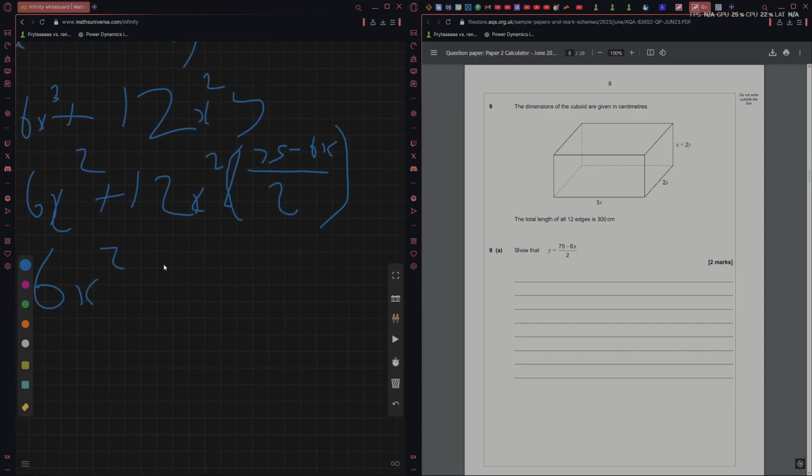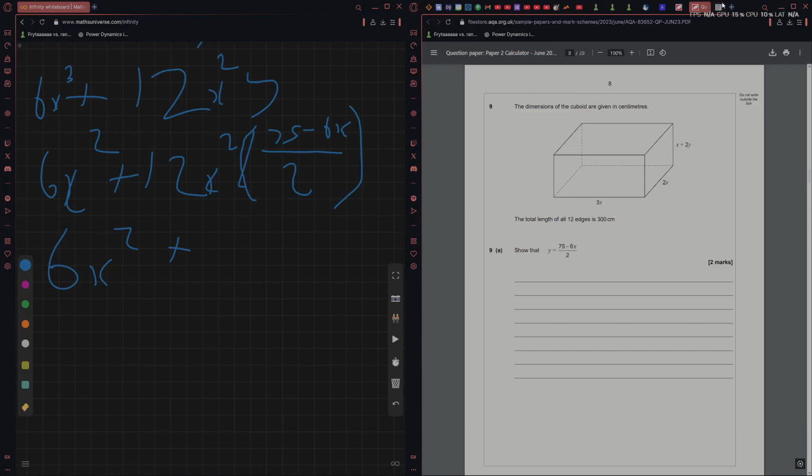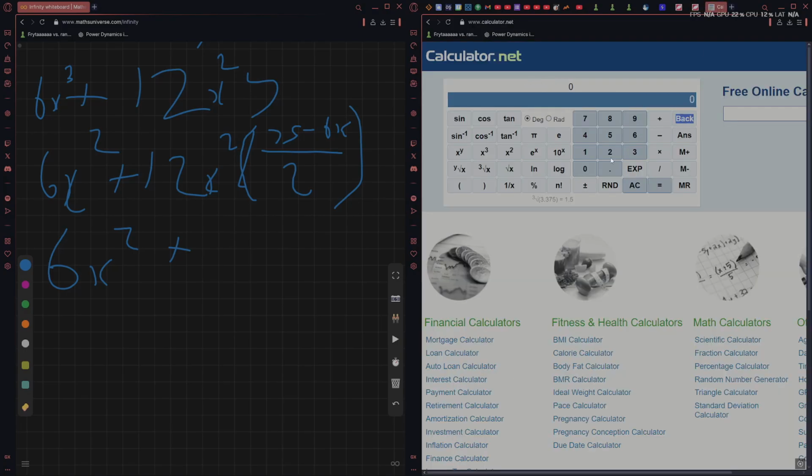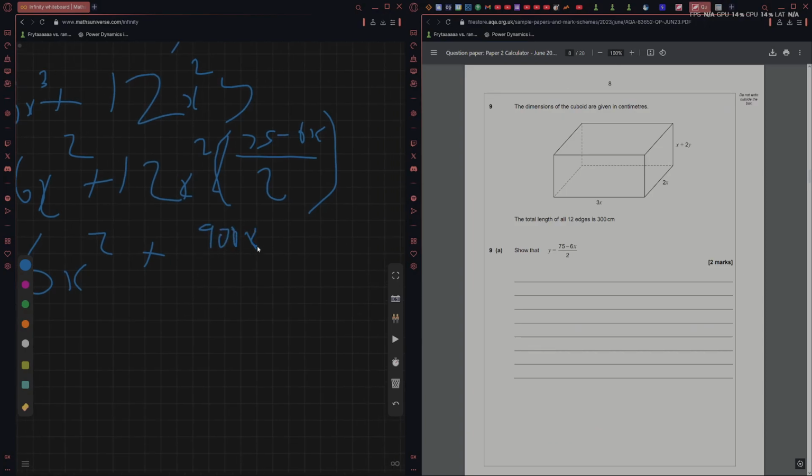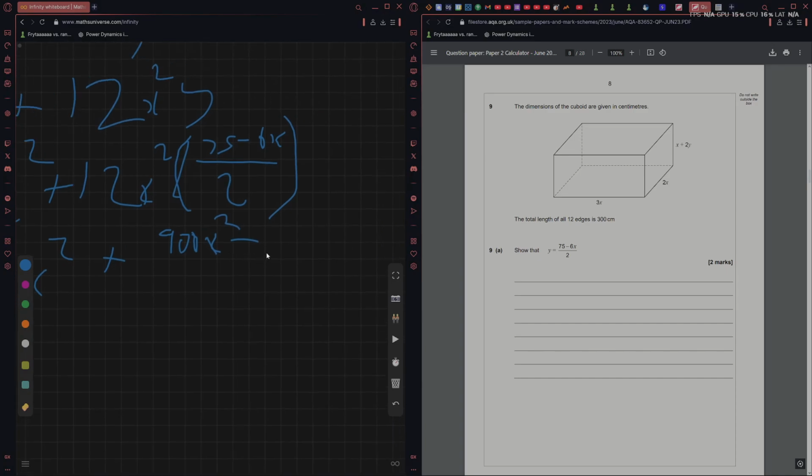6x cubed plus, what's 12 times 75? 900, so 900x squared minus 72x cubed over 2.